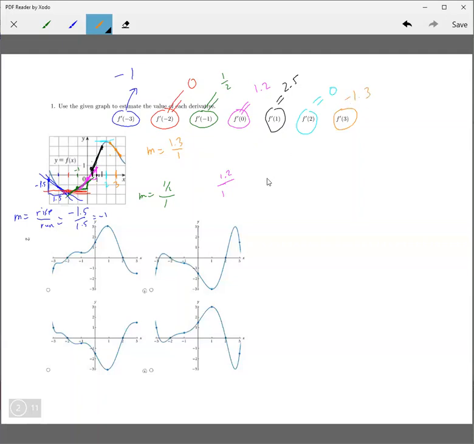So negative 1.3, because we went down. Let's see if that works. Okay, those values seem to work.